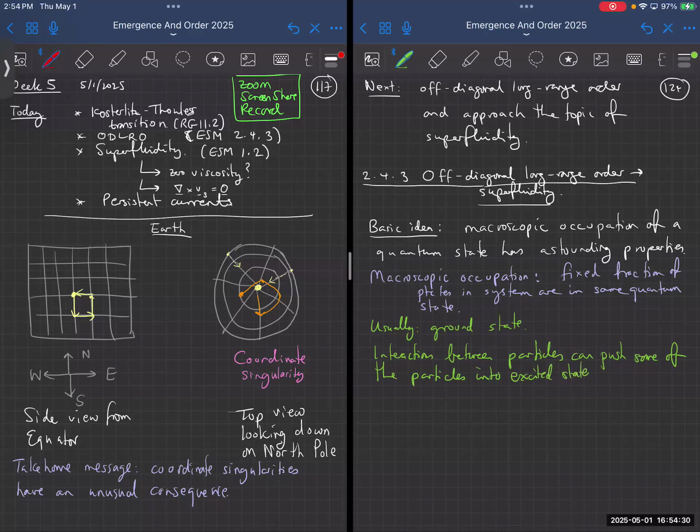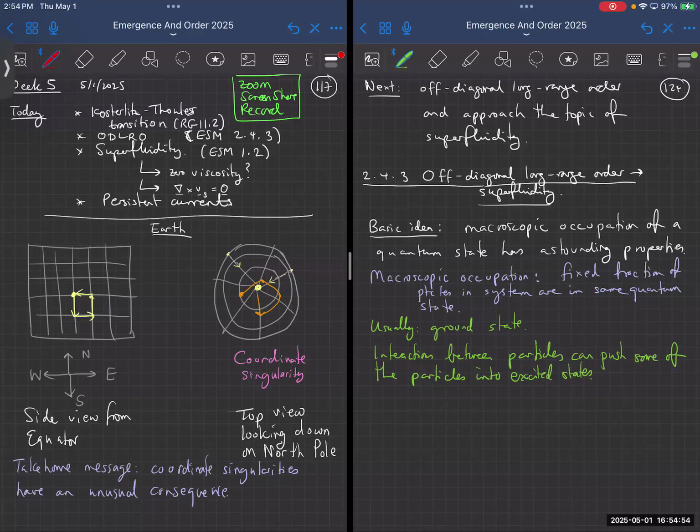So if we wanted to delve deeply into superfluid statistical physics, we would work out the occupation of the ground state. We would then calculate the excitation spectrum in detail, see what fraction of particles are in the ground state and what in the excited states, and work that out in detail. I'm not going to do that right now.